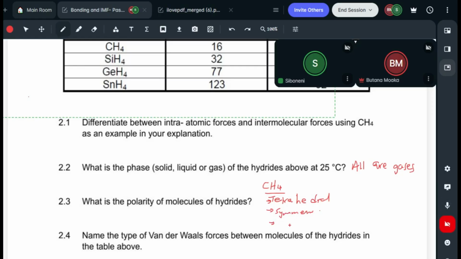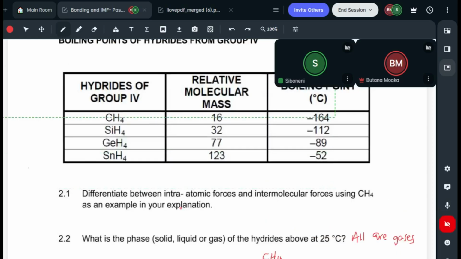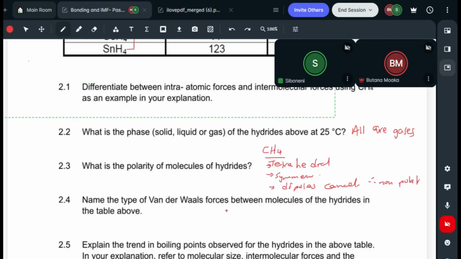Another thing, the bond is a dipole, and we said the dipoles cancel. Therefore it is going to be non-polar. So the same applies to all three of those. All of them are non-polar. Do you understand? Yes. Okay.